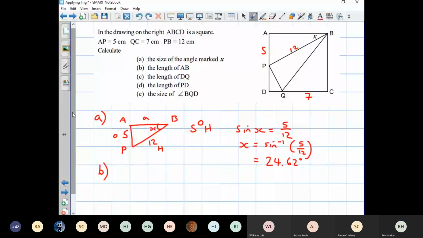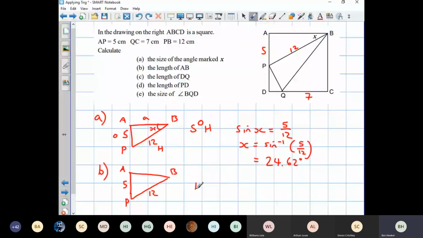So AB, we've got exactly the same triangle, and hopefully from our previous discussions, we can see that the correct thing to do here would be to use Pythagoras. We could use trigonometry, but because we've rounded, once again, labouring the point, it's much better to use Pythagoras.